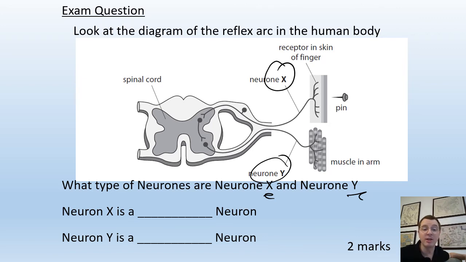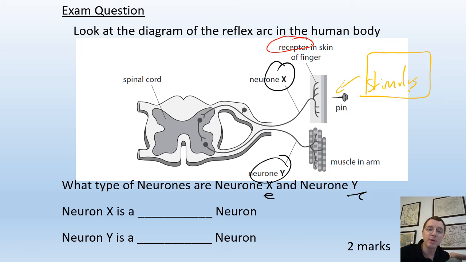Well, first thing that you need to do with any diagram like this is work out where is the stimulus. Remember, that's how we always start with a reflex arc, is looking for the stimulus. In this case, the stimulus will be the pin touching or stabbing into the skin of a person, and of course the stimulus will then link in with the receptors.